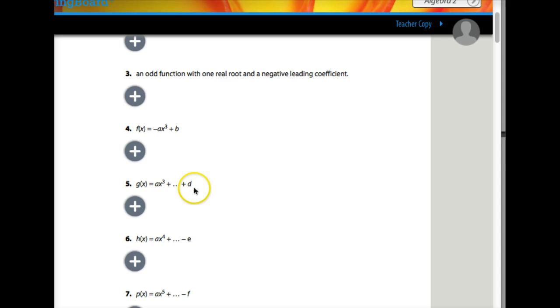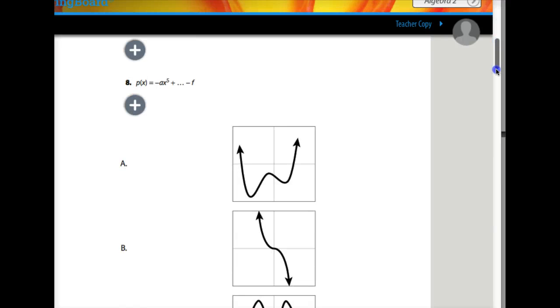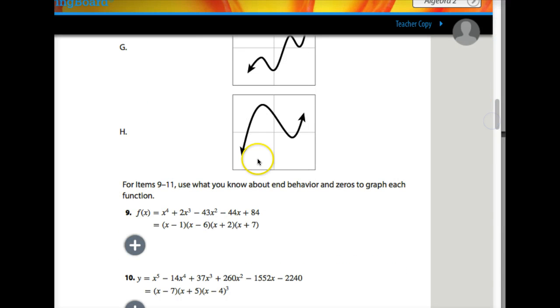And this part tells me that I have a y-intercept that is positive, so plus D. So that's why when I look at number 5, I chose choice H, because this does have end behavior that matches with positive leading coefficient and odd degree, and it does have a y-intercept that is at a positive value.